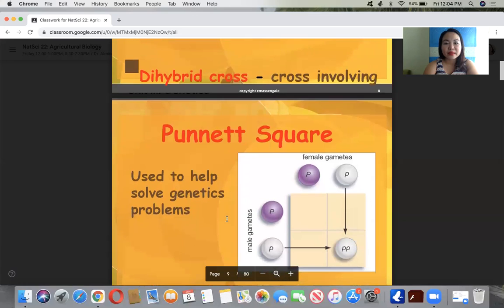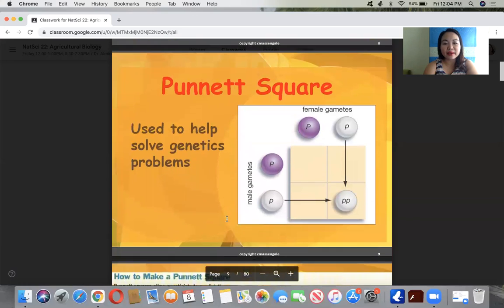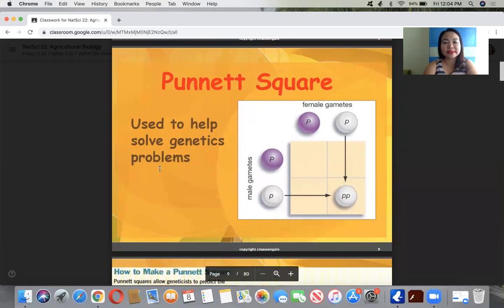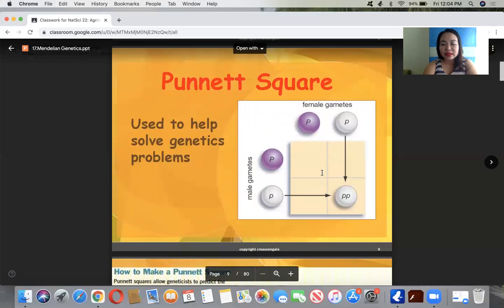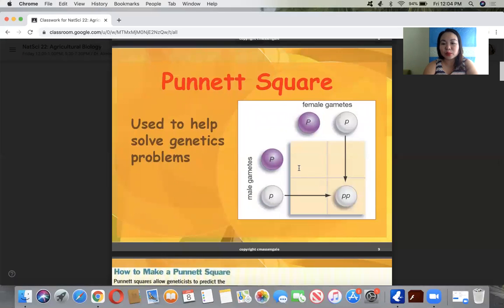A Punnett square is used to help solve genetic problems. As you can see, this is the male gametes, the male parent, and the female gametes. In the Punnett square, you just pair them on the square as shown in the diagram.